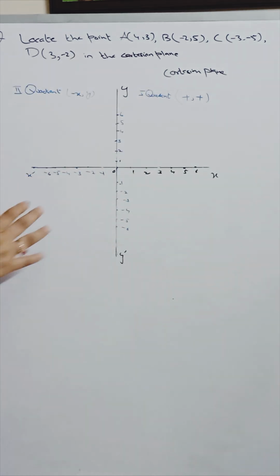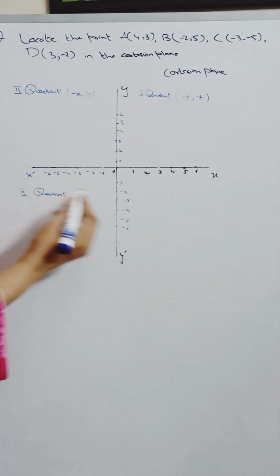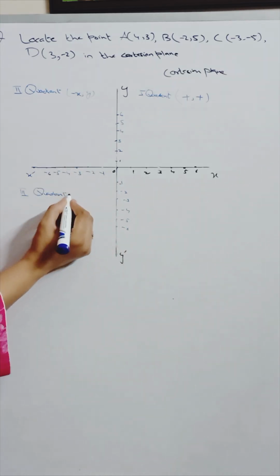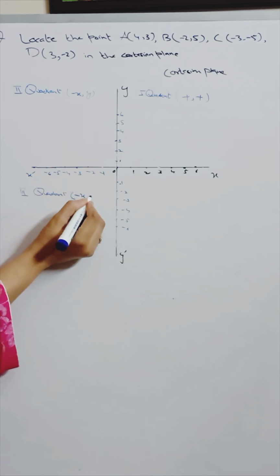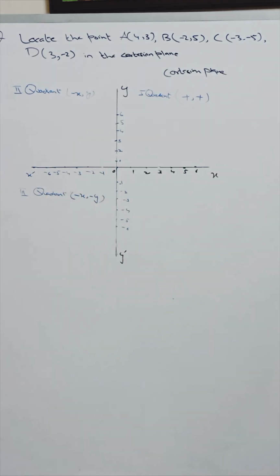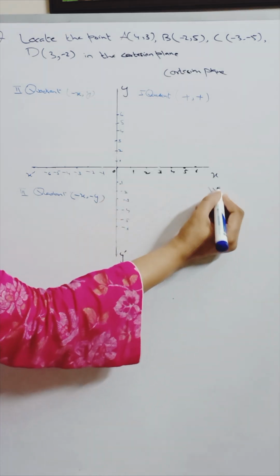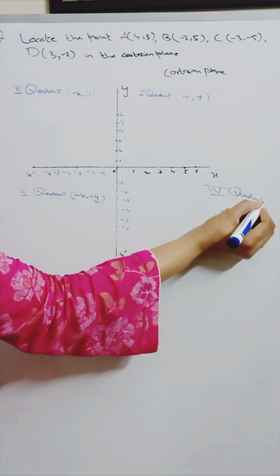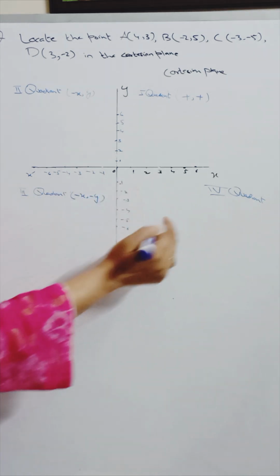Now the third quadrant, this one. Here x is negative and y is also negative, so minus x and minus y. Last is the fourth quadrant, where x is positive but y is negative.